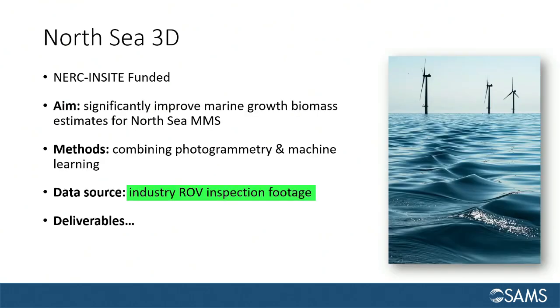So the North Sea 3D project's aim is to significantly improve marine growth biomass estimates for North Sea man-made structures. The methods combine photogrammetry, so that's effectively 3D models from photographs, and machine learning or AI. Our data source is industry ROV inspection footage.